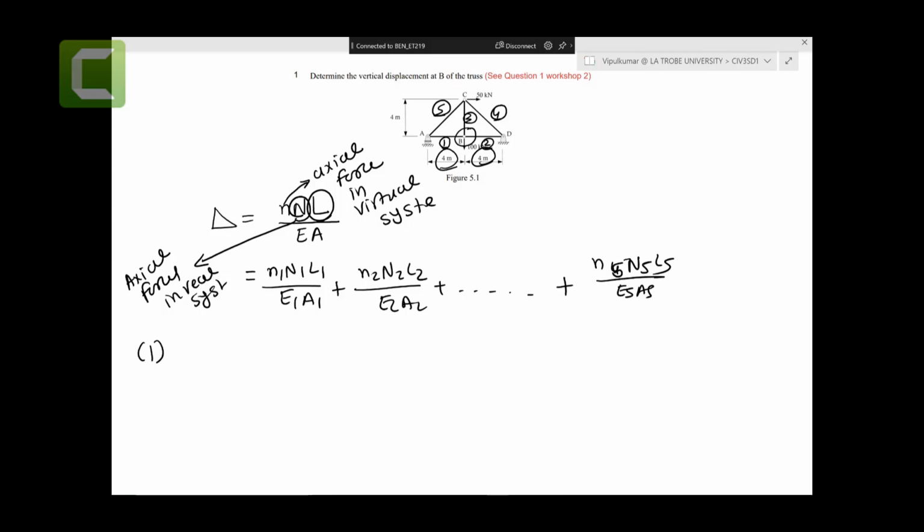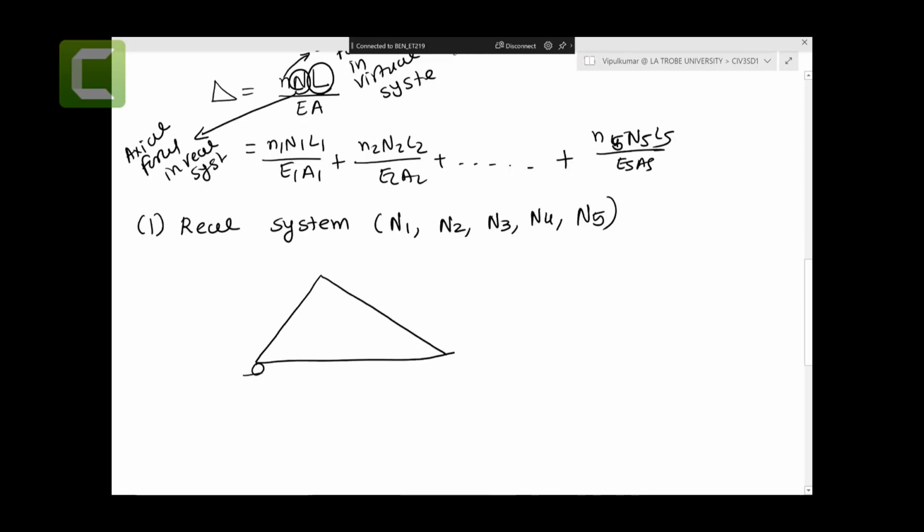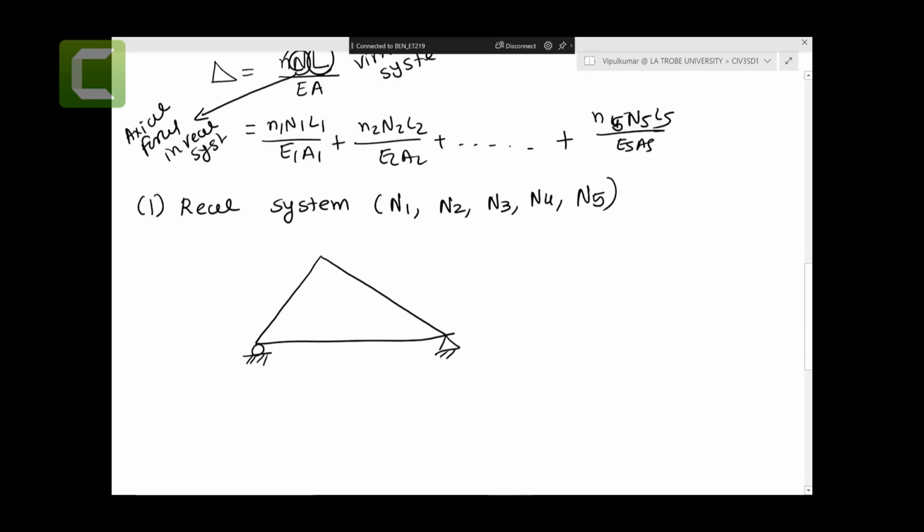Okay, so let's say we want to calculate each parameter one by one. Let's do the real system first. In the real system we are going to get N1, N2, N3, N4, and N5, so five axial forces. Let me draw the real system first. Roller and pin, and we have 50 kilonewtons.